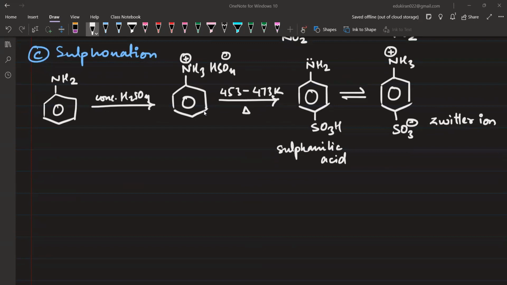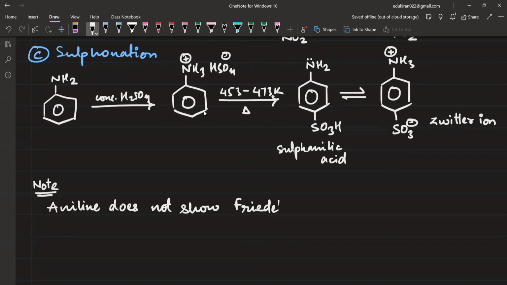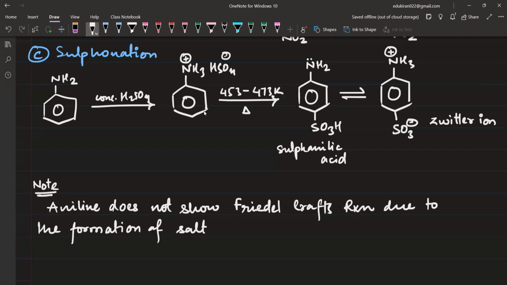After this, you will write a note. Aniline does not show Friedel-Crafts reaction due to the formation of salt with the Lewis acid AlCl3.